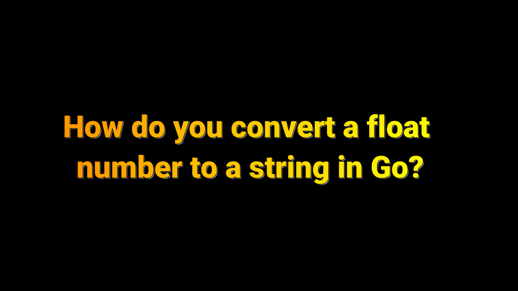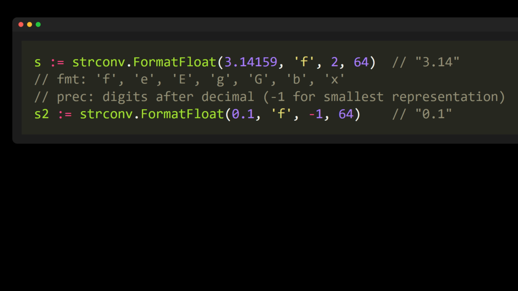Question: how do you convert a float number to a string in Go? In Go, you can convert a float number to a string using strconv.FormatFloat. You give it the number, a format like F or E, the precision, and the bit size.